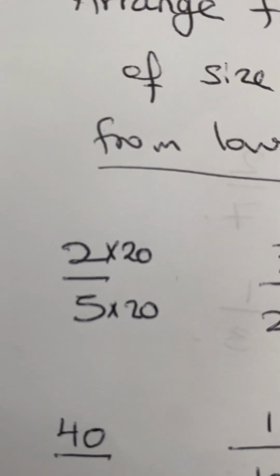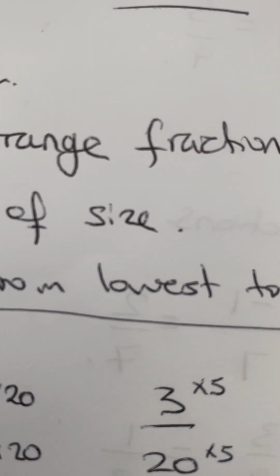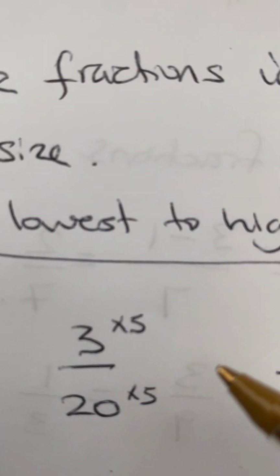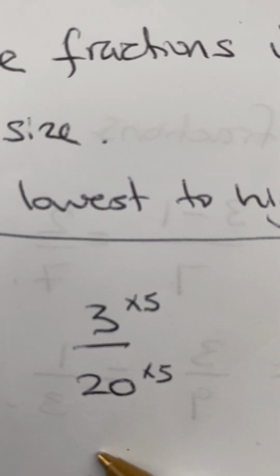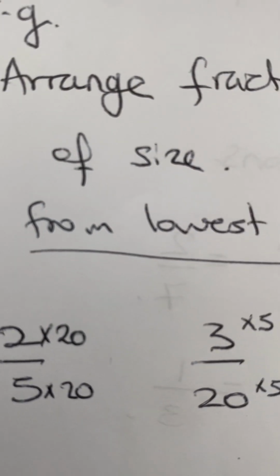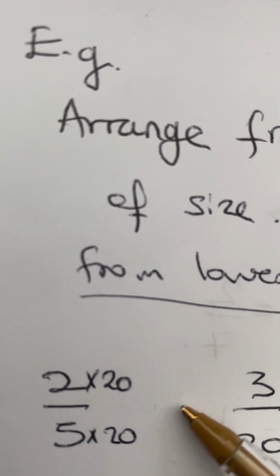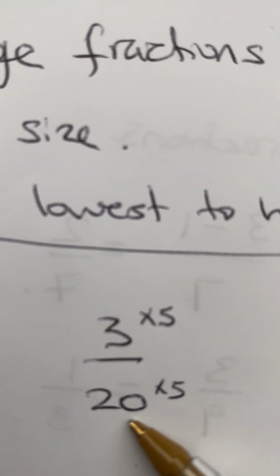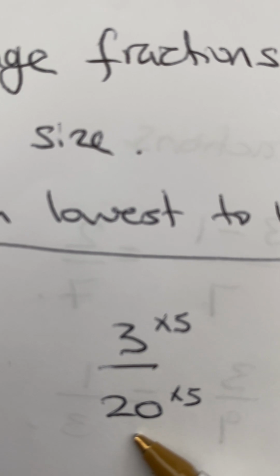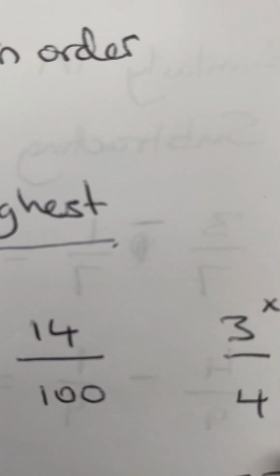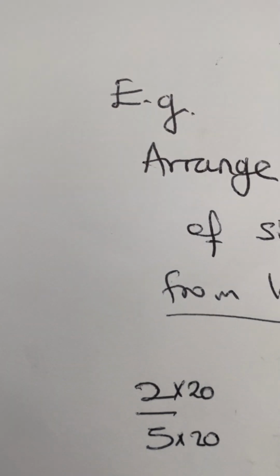So now look at the fractions again: 2 over 5, 3 over 20, 14 over 100, 3 over 4. 100 is a multiple of 5, a multiple of 20, a multiple of 100, and a multiple of 4. Why?